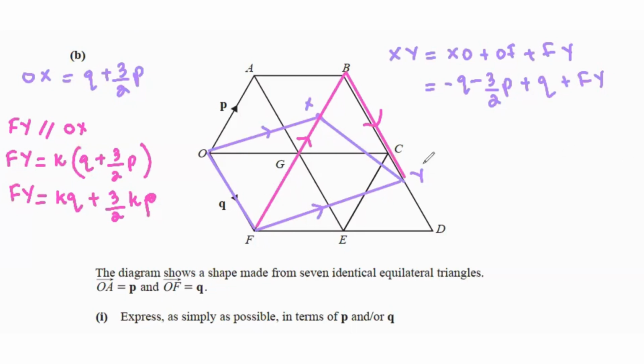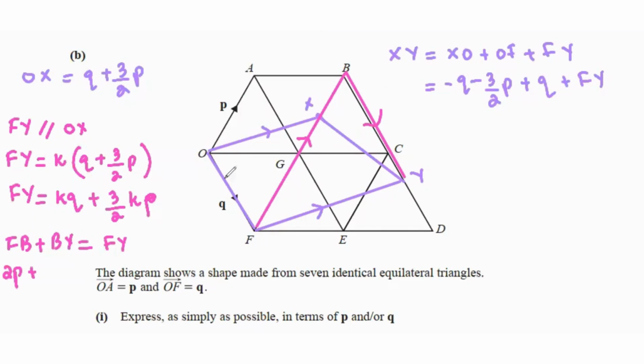If we choose another route for FY, we can see that FY can also equal FB plus BY. FB we know as 2P, and BY is something that we don't know.